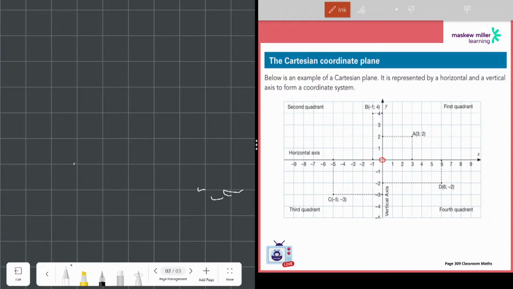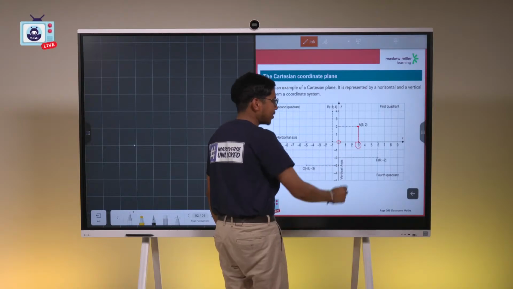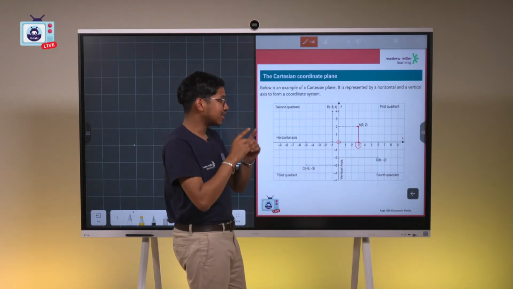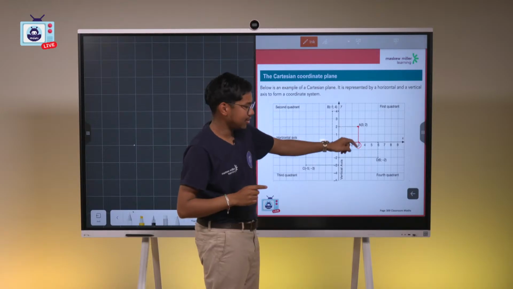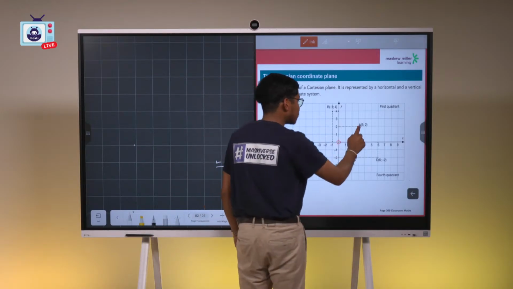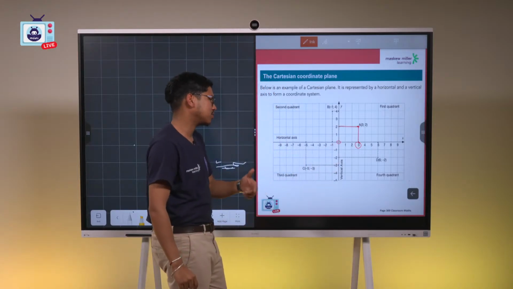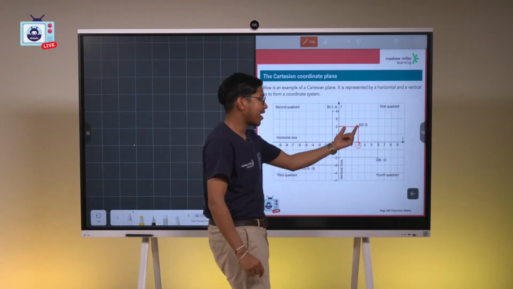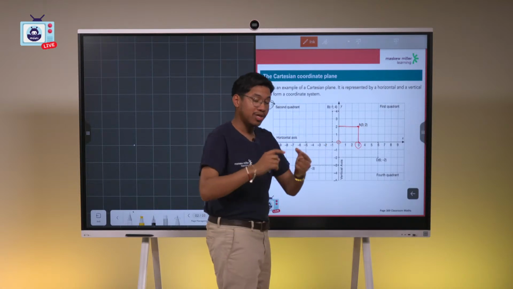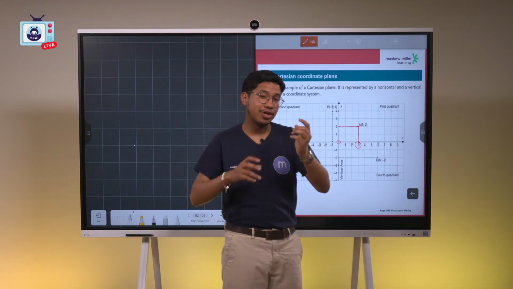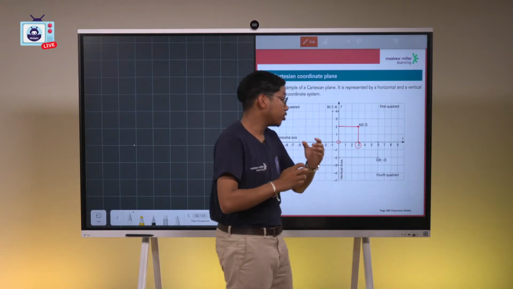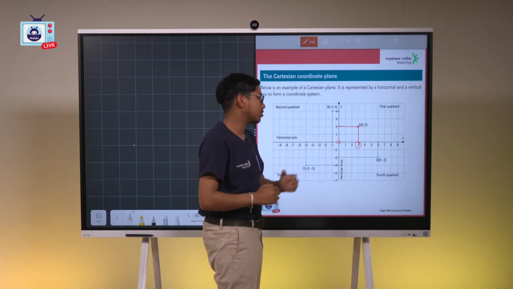So if we look at this point over here, A, what do we notice about A? If we go down to our x-axis, it is given a number, and the number there is 3. So it means that my x value at this point A is 3. And if I go across to my y-axis, I see a number there. What is that number? The number is what? 2. So therefore, I have what we call an ordered pair, which we explained is an x value and a y value, right, which we get directly from our Cartesian plane.